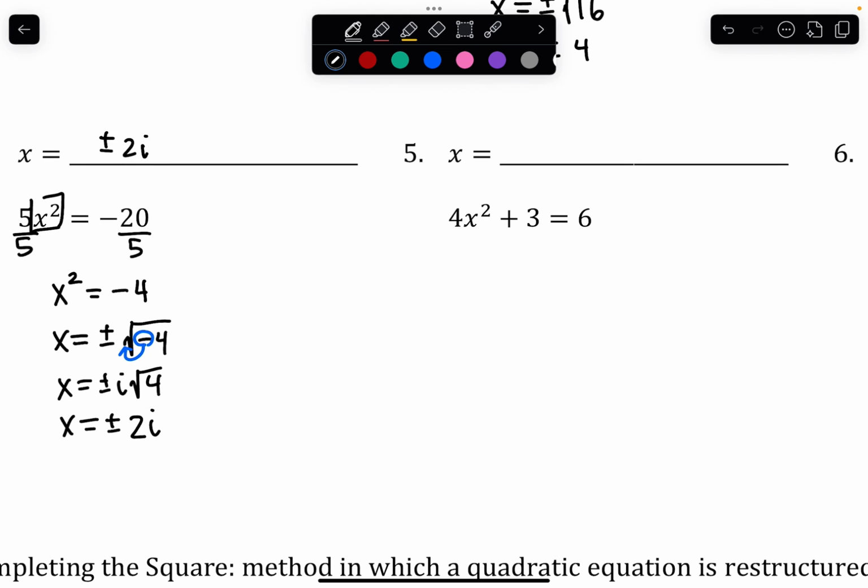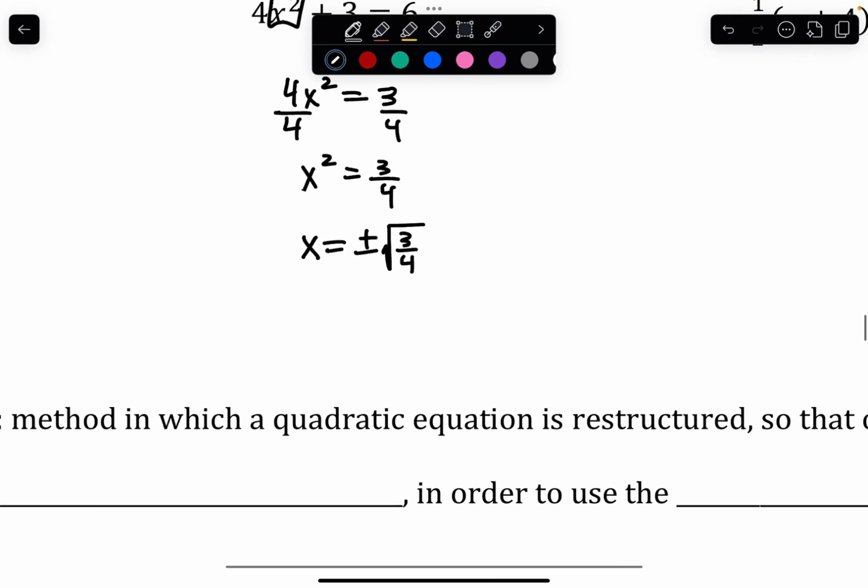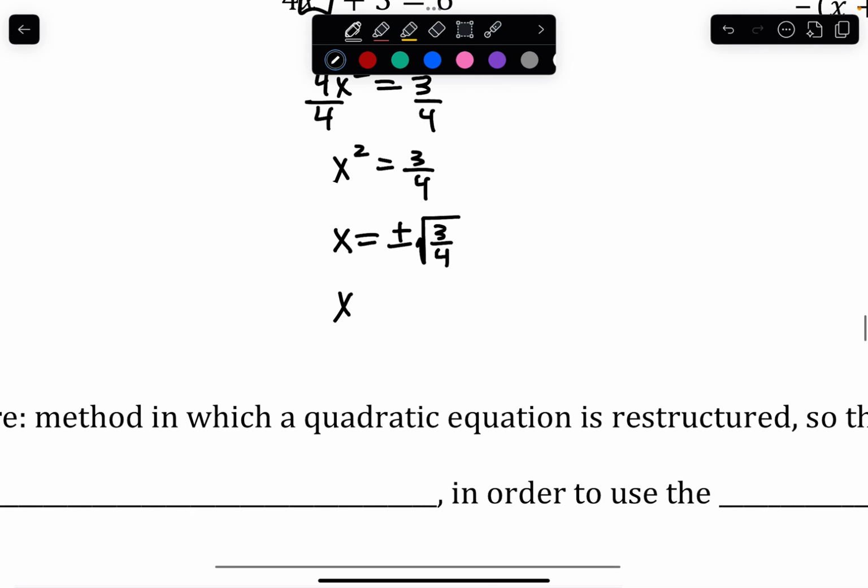Okay, here we need to isolate the square. So first, subtract 3. And then divide by the 4. So x squared equals 3/4. Using our square root property, x equals positive negative square root of 3/4. And whenever you have a fraction, you square root the top and square root the bottom.